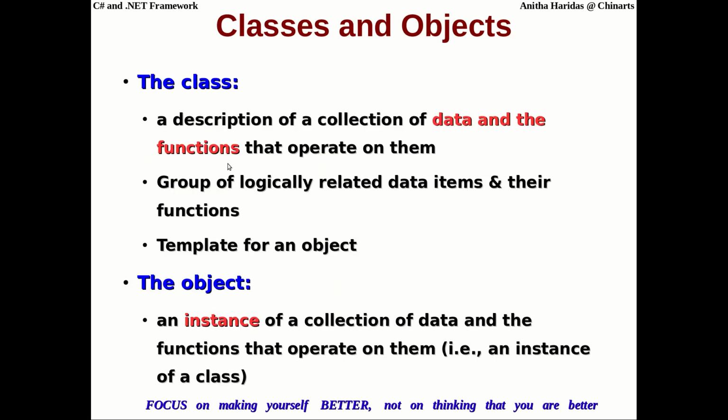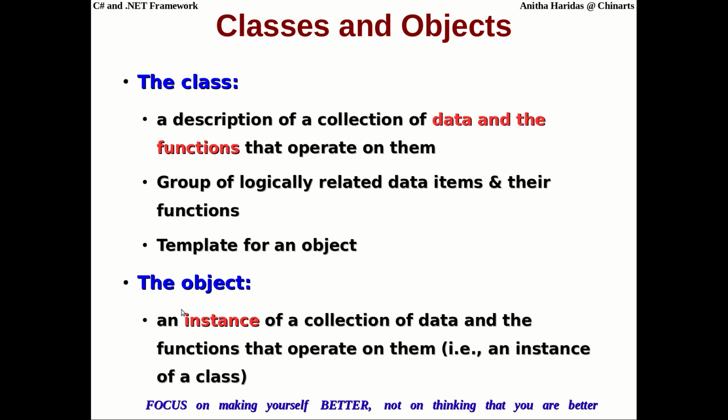This is a simple definition that we can give for a class and an object. A class can be called a description of a collection of data and the functions that operate on them, or a group of logically related data items and their functions, or a template for an object.